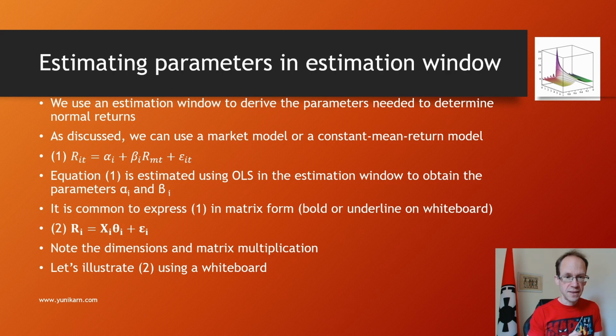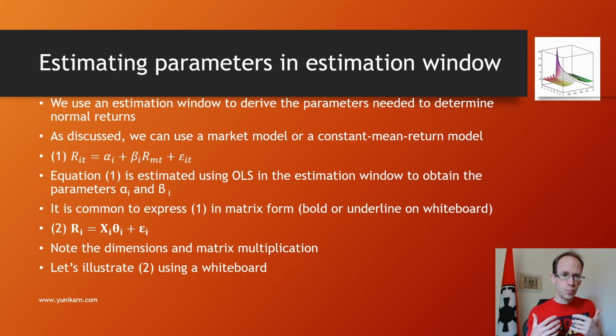Equation 1 is estimated using ordinary least squares, OLS in short. The estimation happens during the estimation window, which is away from the event window. It's usually before the event window, sometimes it could be before and after, as discussed in the previous video.